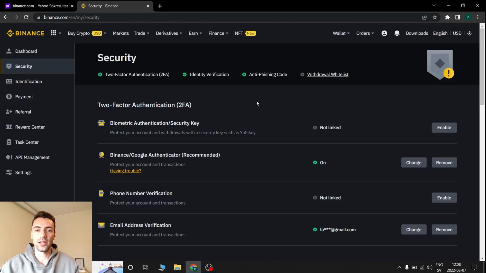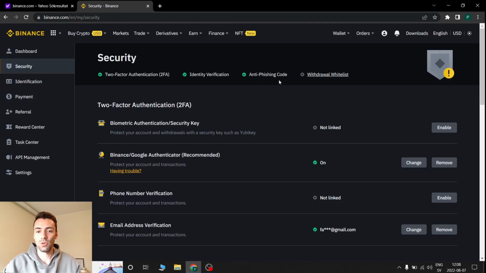receive from Binance will have the label of payment 123 in your email, so you know that the email you receive is genuinely from Binance, because some scammers and fraudsters try to hack you or scam you and steal from you, so they send fake emails using the Binance name.